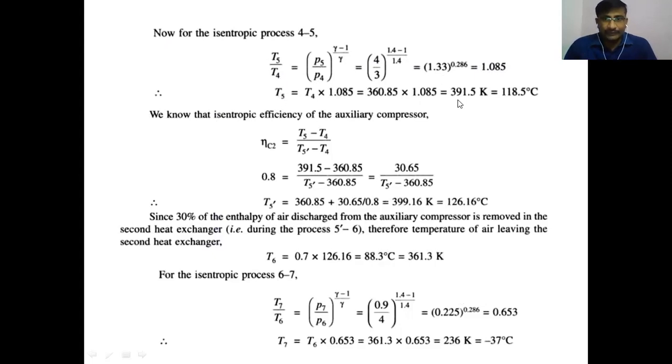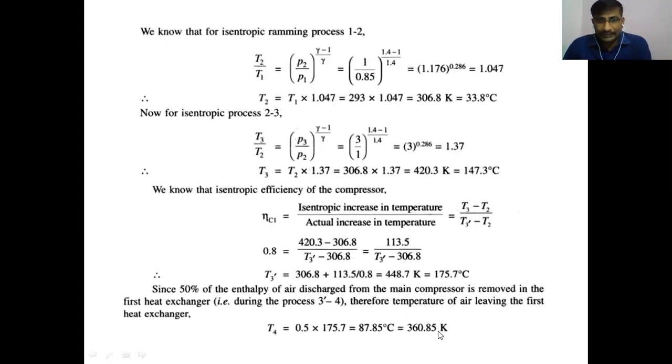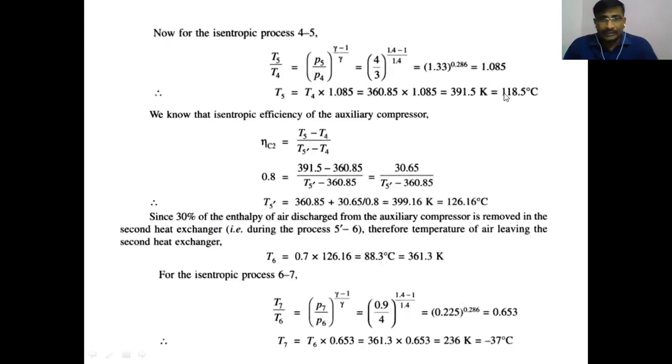Therefore, T5 equals T4 into 1.085. The T4 value, 360.85, was calculated on the earlier slide. So we get 391.5 kelvins as the temperature after isentropic compression in the auxiliary compressor.